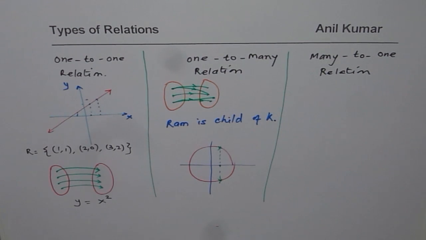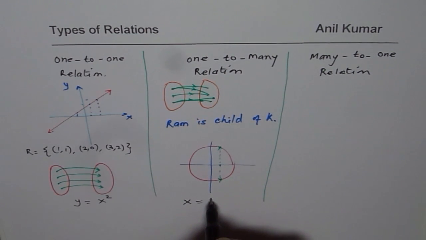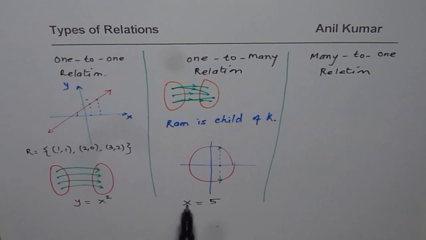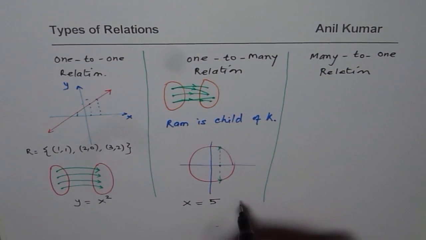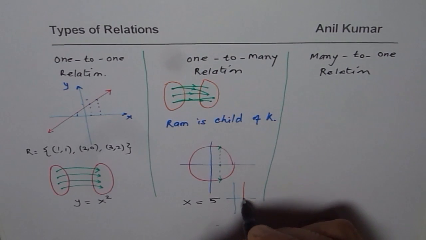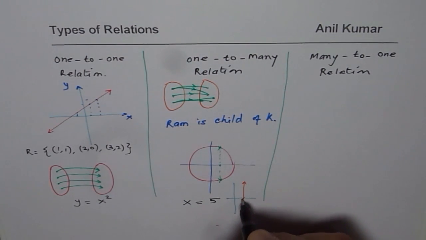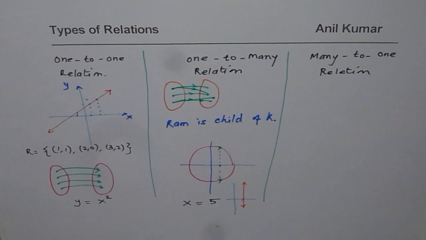In the form of an equation, I could write x equals 5. Now, for x equals 5, we could have any y values. Now x equals 5 is a very good example. You could actually sketch a line which is a vertical line, for example, like this, where this point is 5 for you, right?